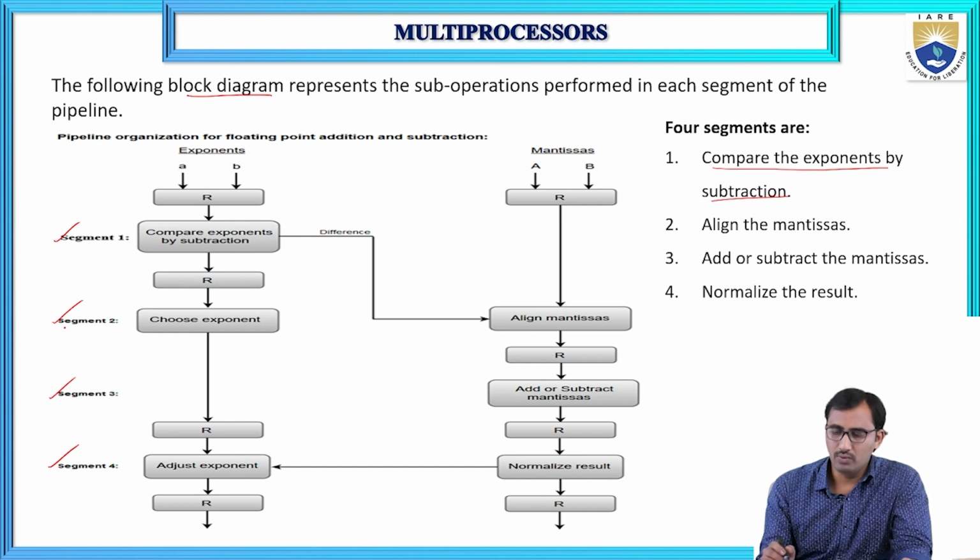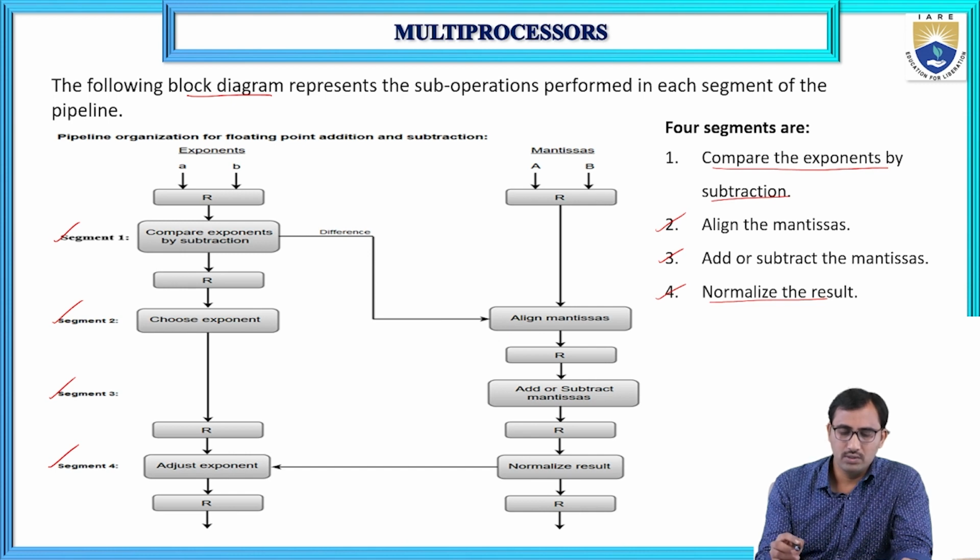In segment 2, we align the mantissas. In segment 3, we add or subtract the mantissas. And in segment 4, we normalize the result.